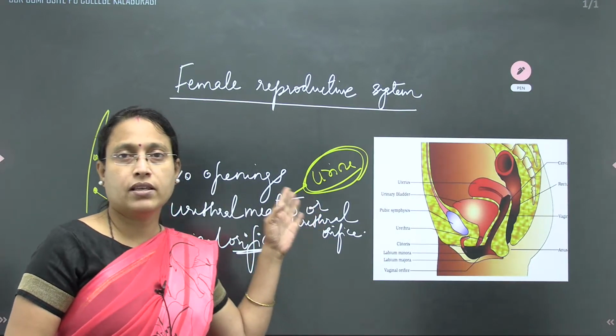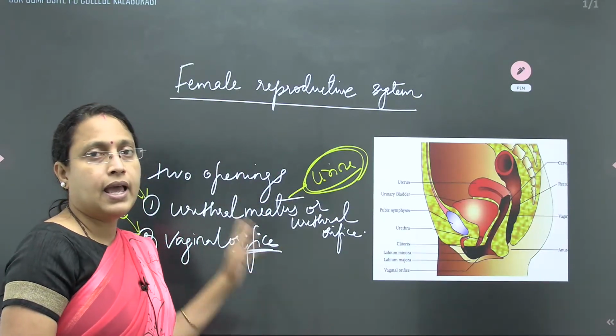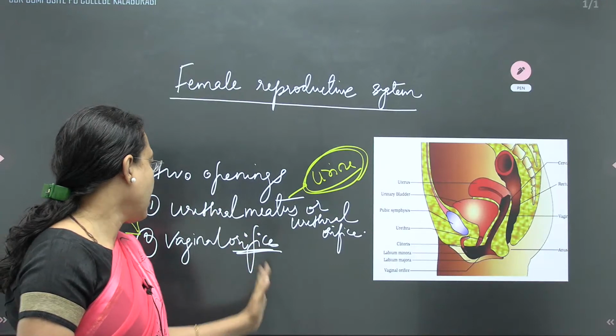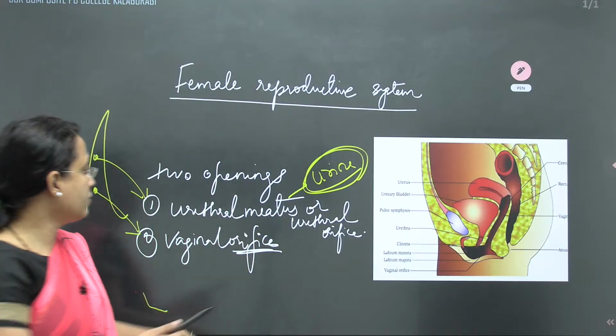So two openings are there. One is for the let out of the urine. Another is for the ejection of the vaginal contents.